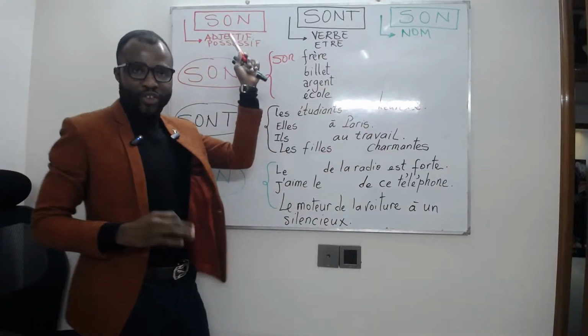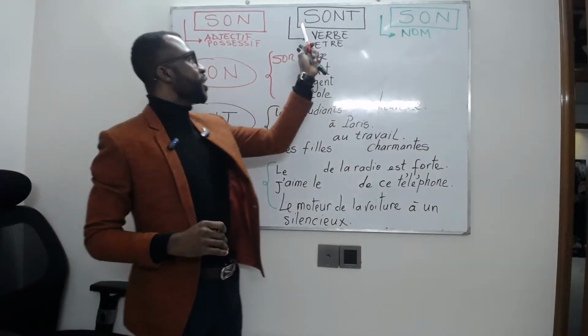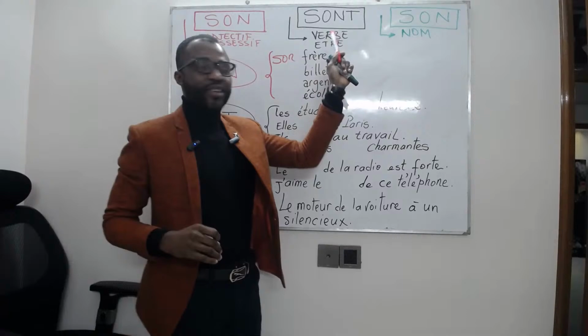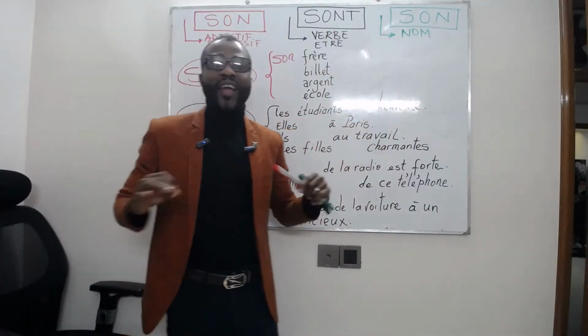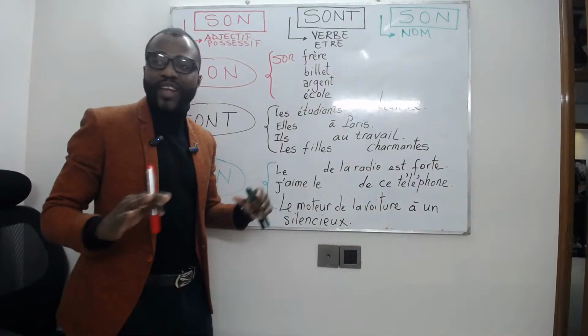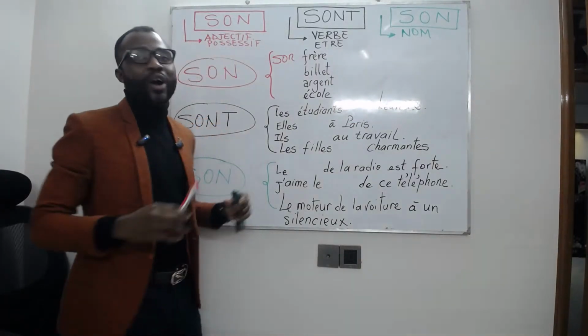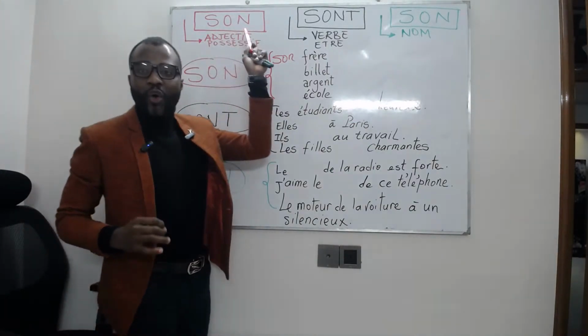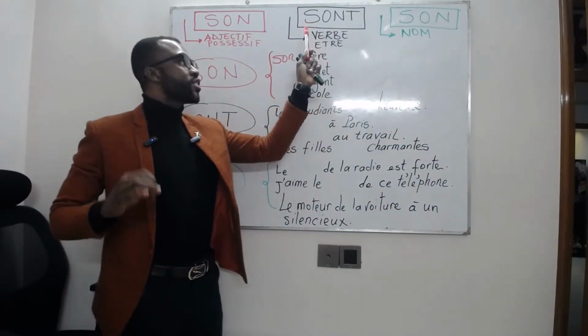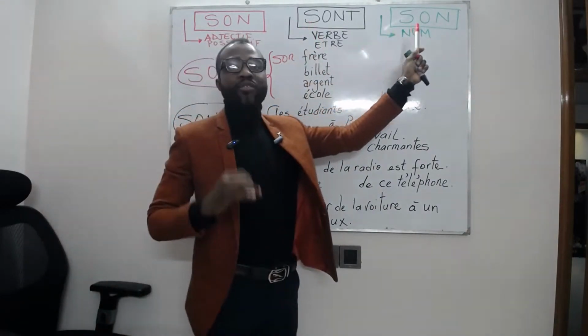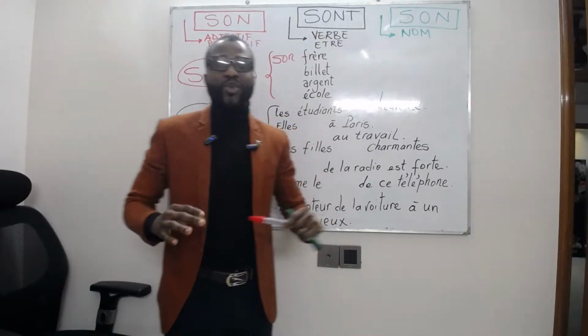We have son, S-O-N, son, S-O-N-T, and son, S-O-N. This is what we're going to discuss today, and we're going to figure out why we have each son and what its use is.